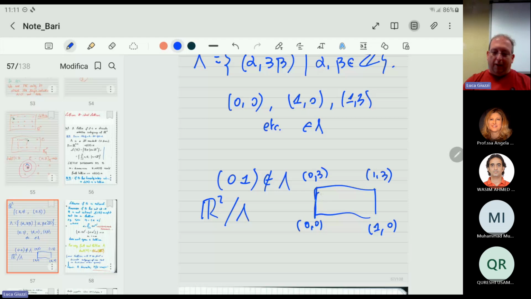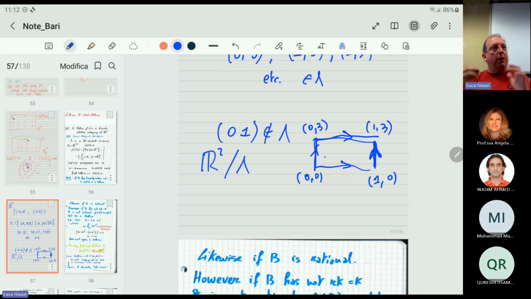You identify the points on these two sides of the rectangle, and you identify the points on these two sides. So from a topological point of view, this object is the same as a torus.